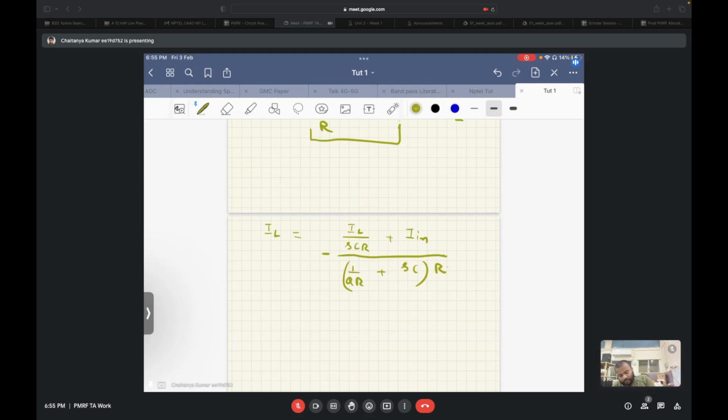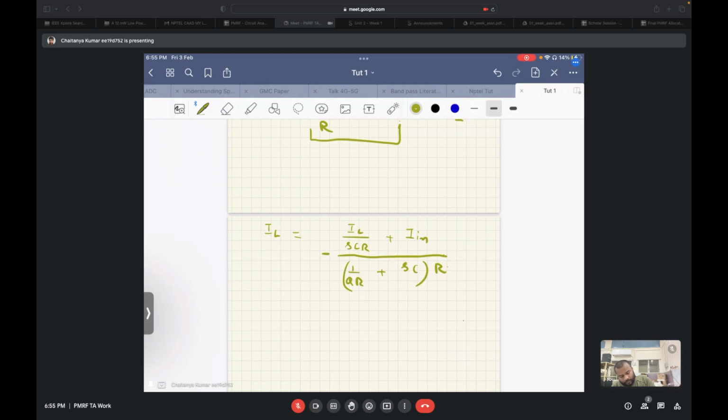Now, if we manipulate it further, we will get IL by IN. So if we manipulate this equation, we will get the following result: S square R squared C squared plus SRC by Q plus, wait, we will do the manipulation and then come at this result.